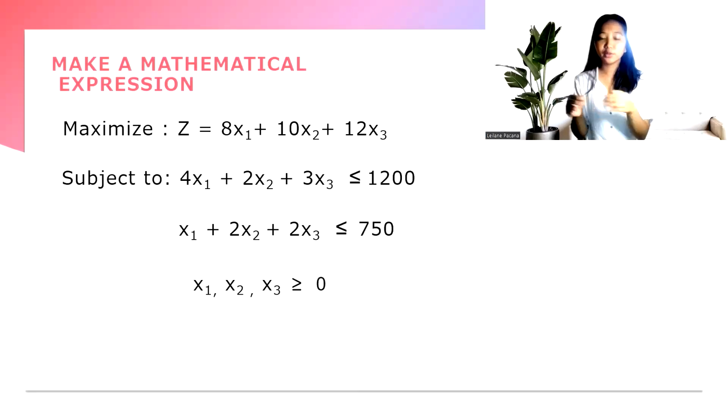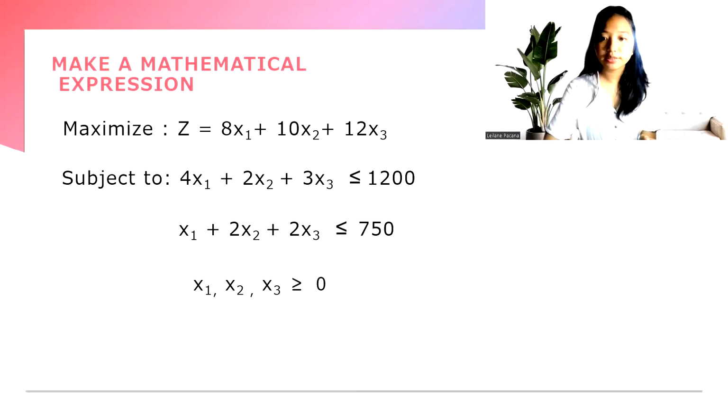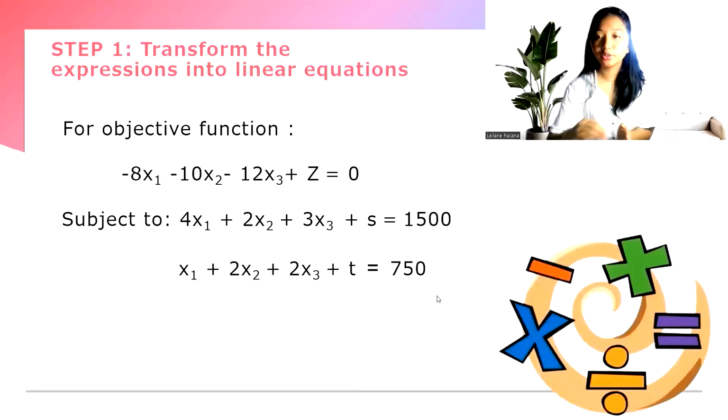So we just have to put it here. Now we will assume that x sub 1, x sub 2, and x sub 3, the number of first, second, and third variation of food packs, are of course greater than or equal to 0 in order to attain that maximum profit.